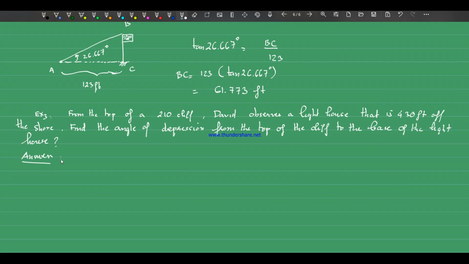Okay, I'm going to give you 1 minute to try to visualize the scenario, and let's see if you can draw the picture.